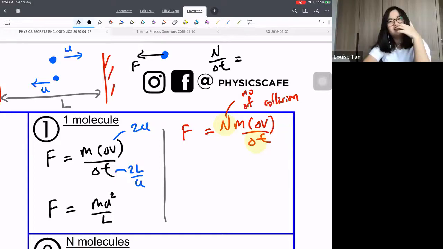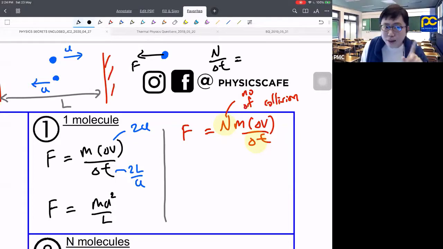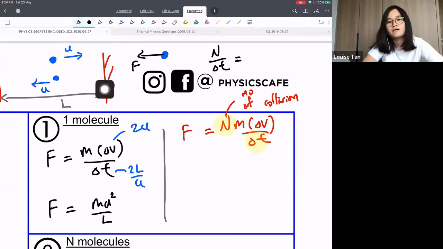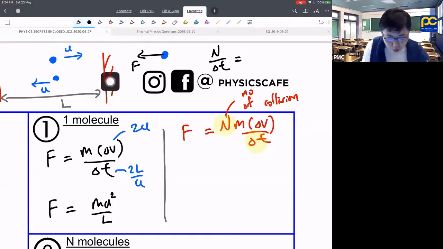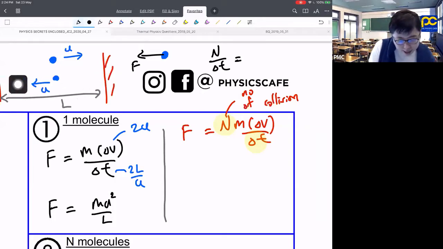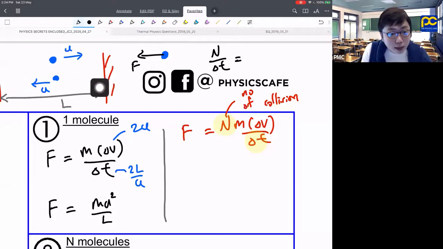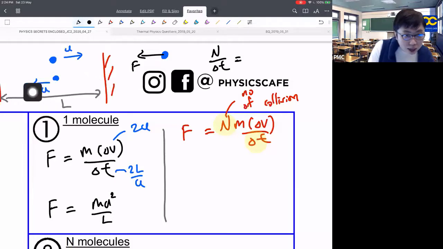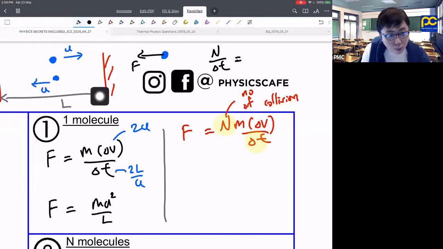I think you take 1 divided by 0.1, right? Yeah. With the same wall. I'm not talking about the other wall, I'm talking about this one. If I go to the left and then I come back, it's 0.1 second. Then how many collisions are there in 1 second? You take 1 second, divide by 0.1, you know that there will be 10 collisions with the wall within that 1 second. True? Okay?